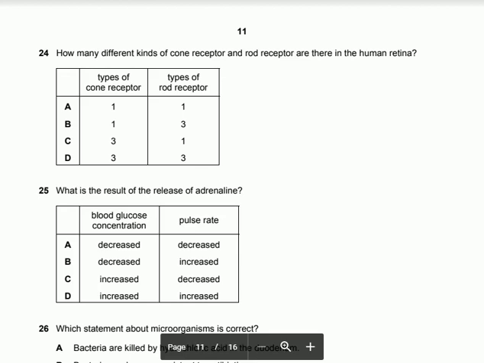So there are obviously 3: red, green, and blue. In art, if you do art, you would know that there are 3 main primary colors. So these primary colors are red, green, and blue, and all the colors are made from these 3 primary colors.